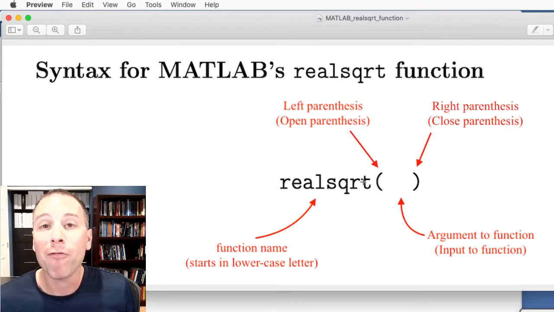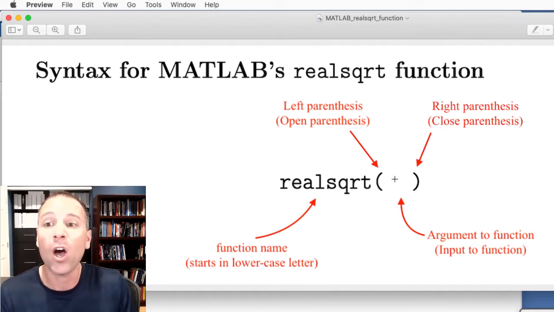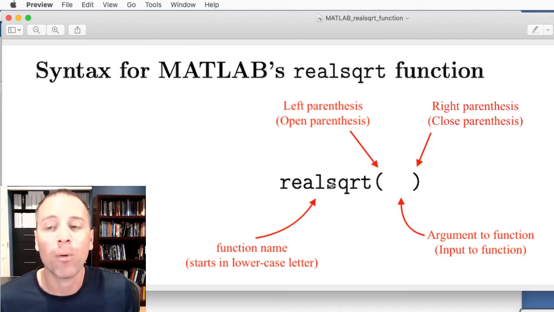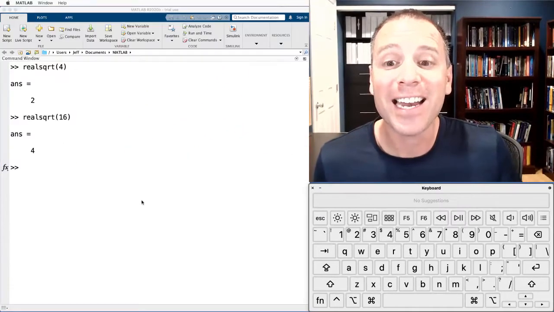After we have the function name, with no space between, we're going to write an open parentheses or a left parentheses. Then inside, we're going to write a function argument or an input. So we're going to tell this function, this operation, to act on some number. And then we're going to finish that command with a right parentheses or a close parentheses. Let's see that again in action.